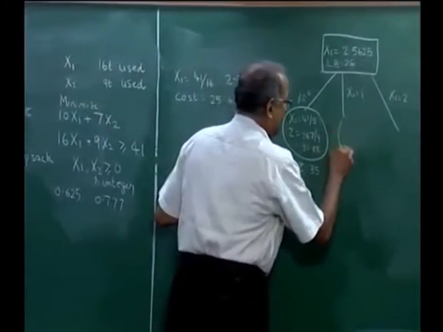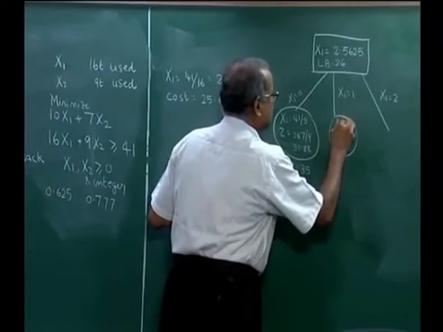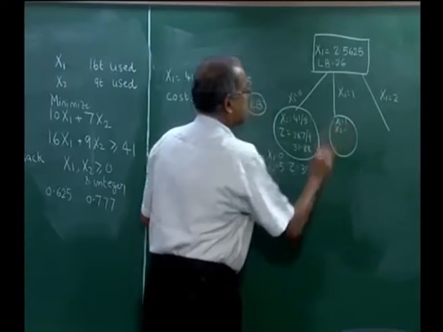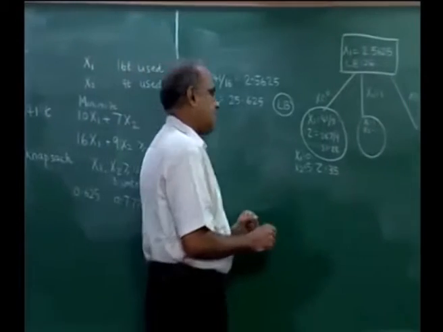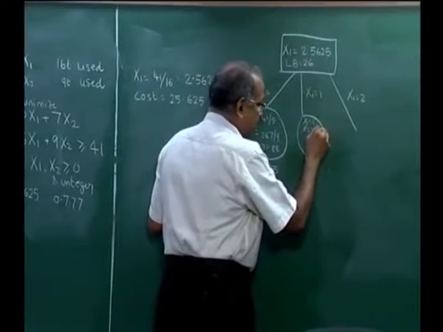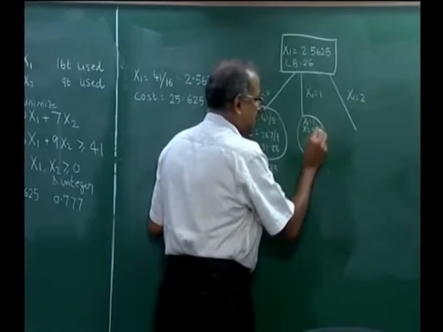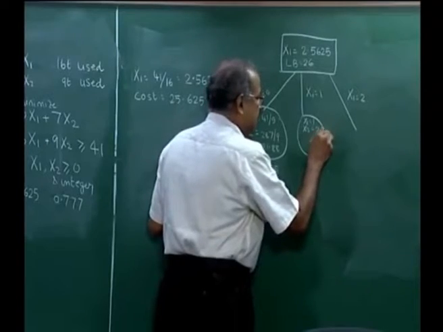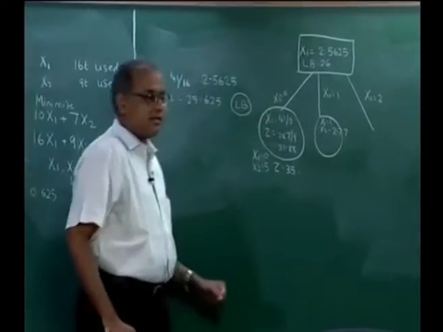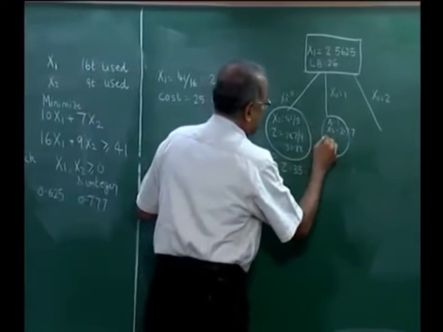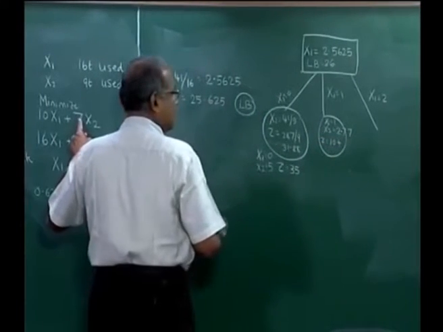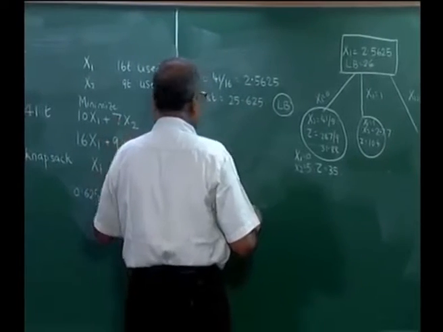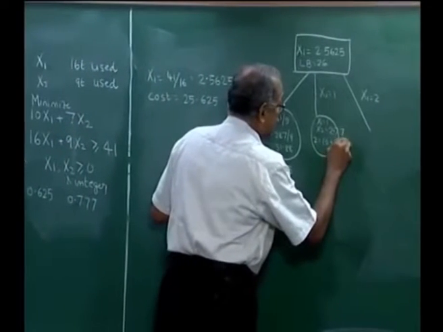Now when x1 equal to 1, we will now have a solution, x1 equal to 1, x2 equal to 25 by 9, which is 2.77. Now z value will be 10 plus 25 into 7 by 9, 175 by 9.